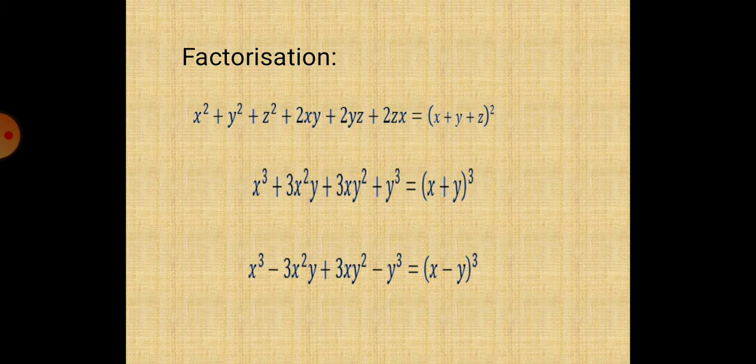Similarly, (x + y)³ is equal to x³ + 3x²y + 3xy² + y³. But instead of the identity, the product will be given to us. We have to observe the product properly.